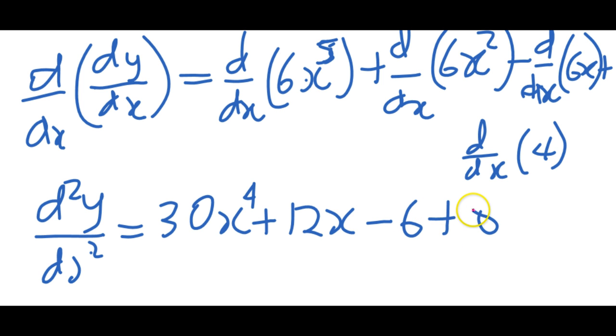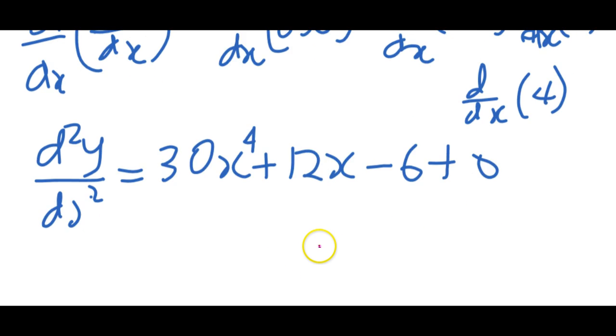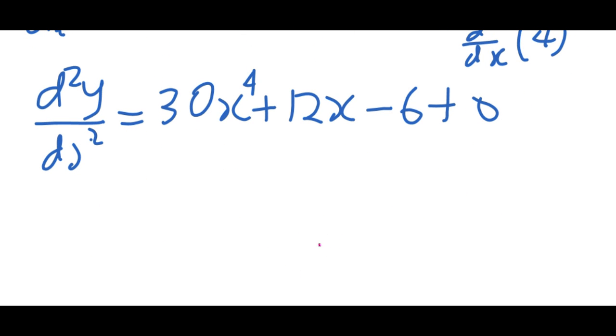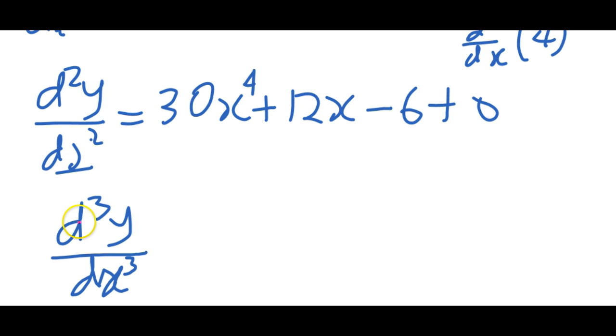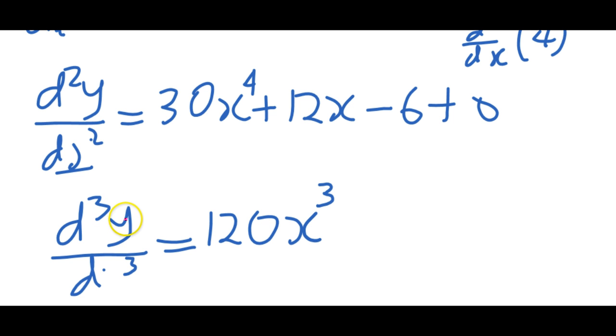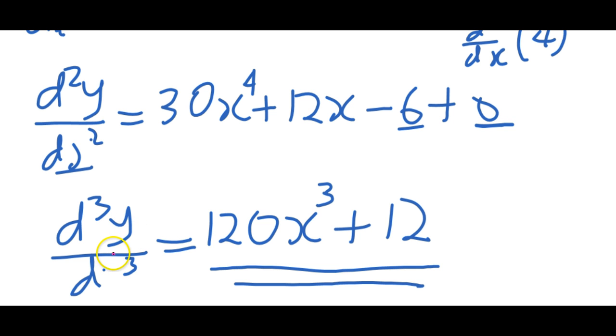So that's the second derivative. Right. So for the third derivative, when I differentiate this one, I'm going to have d cubed y over dx cubed equals 4 times 30, which gives me 120x to the power 3, plus 12. And the rest will be 0, so this will be the answer. So if you take the third derivative of the function given, this should be your result.